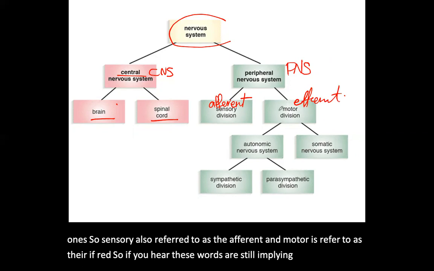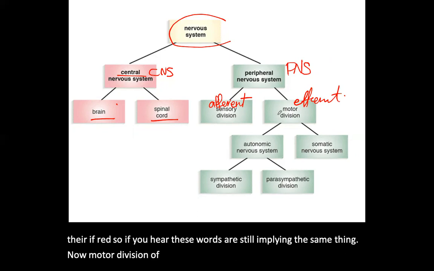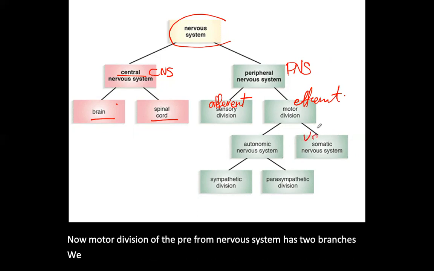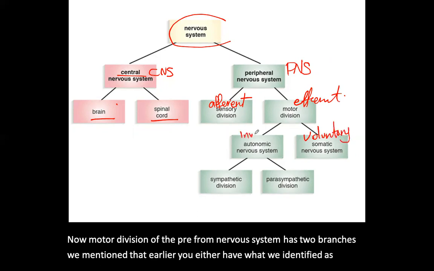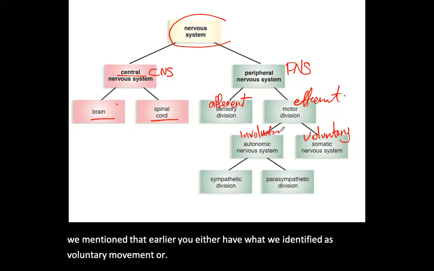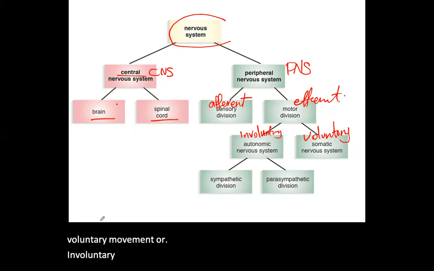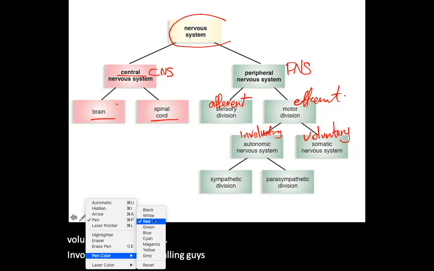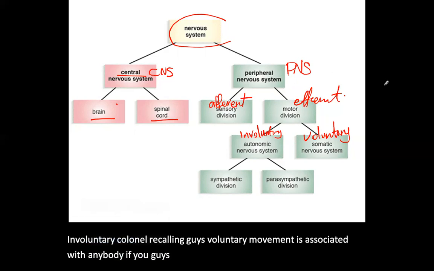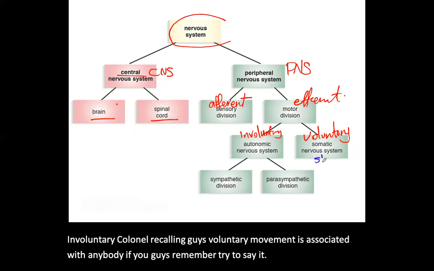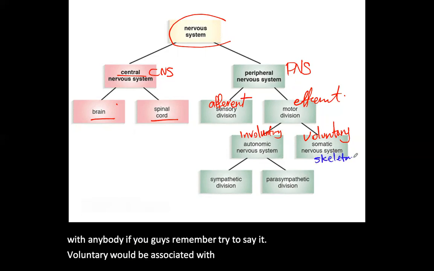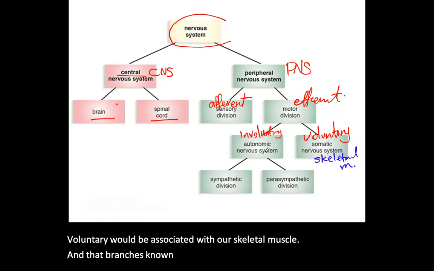Now, the motor division of the peripheral nervous system has two branches. We mentioned that earlier. You either have what we identified as voluntary movement or involuntary. Kind of recalling, guys, voluntary would be associated with our skeletal muscle, and that branch is known as the somatic.